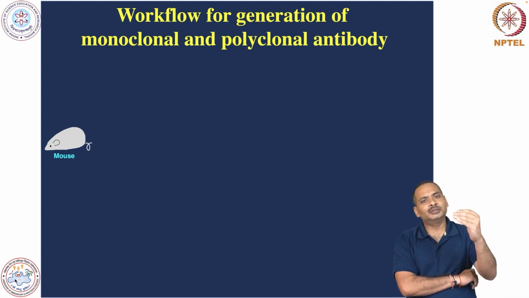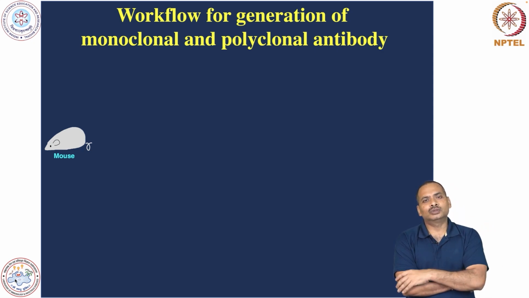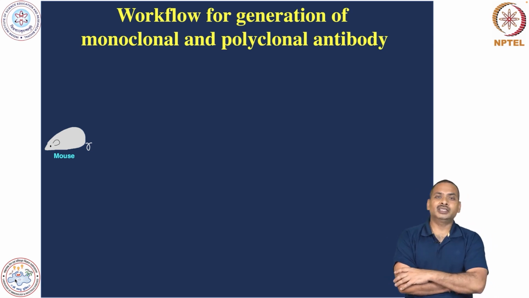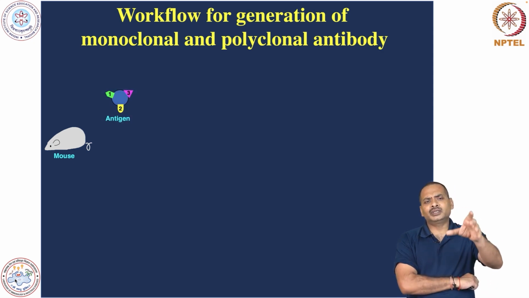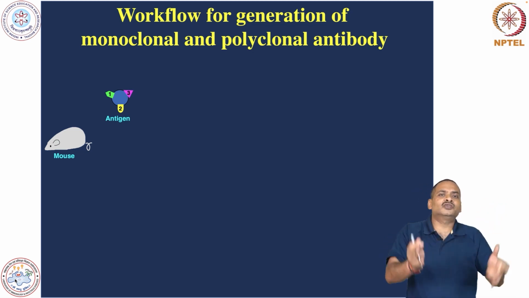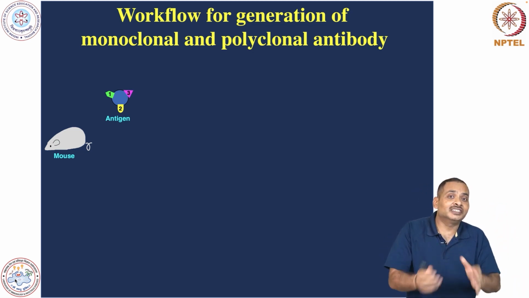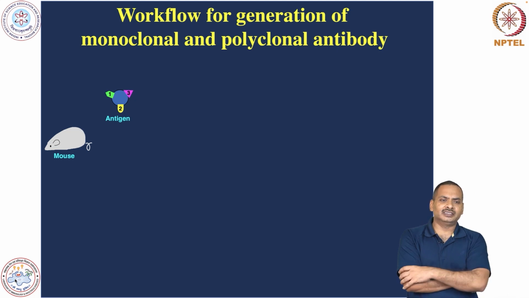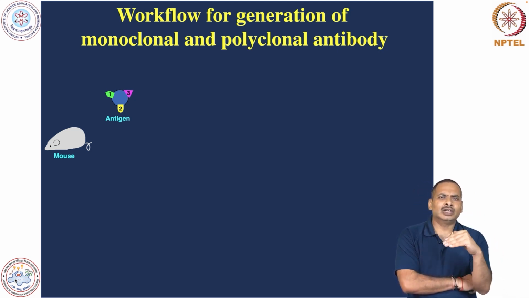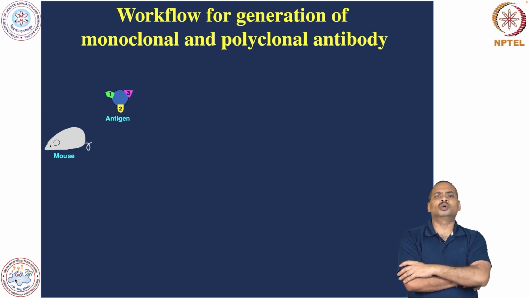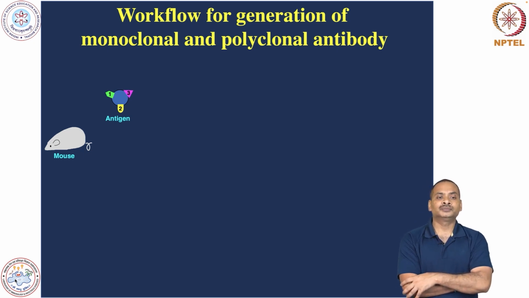I put a mouse because I want to discuss the monoclonal antibody, which is mainly generated in the mouse. Here is the antigen, and these 1, 2, 3 are the surfaces, the antigenic determinants or epitopes over the antigen. I made it this way because it will help in understanding the concept of monoclonal and polyclonal antibody.